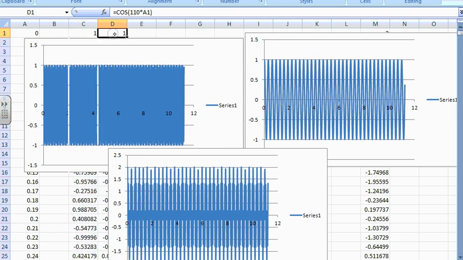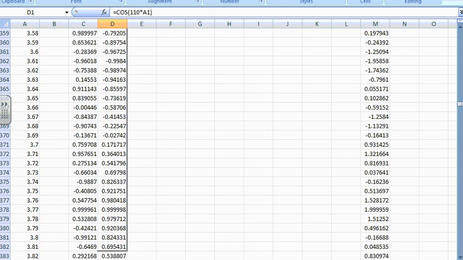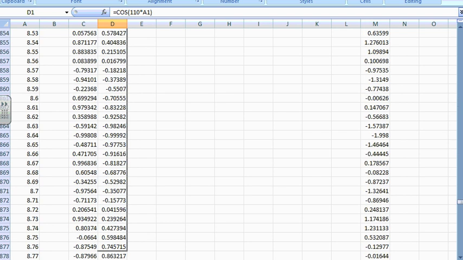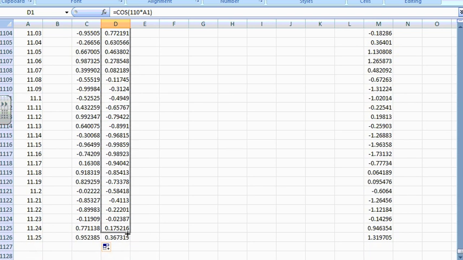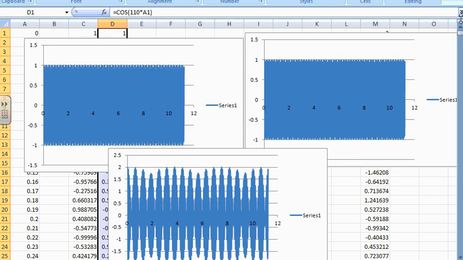I think this will work. Okay, so these are the two waves. I made the frequencies so fast that you can't really see.